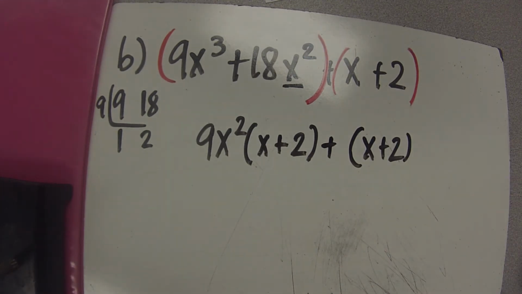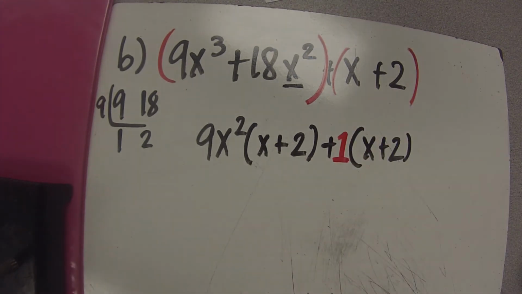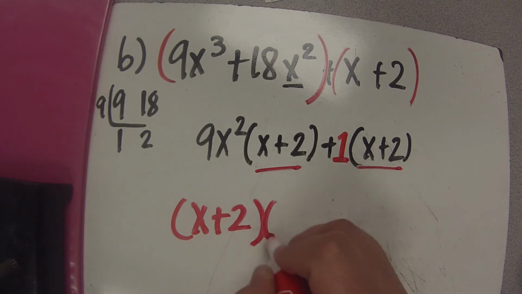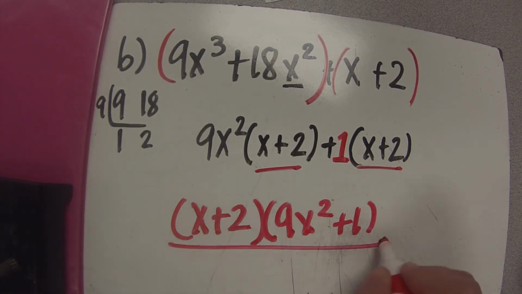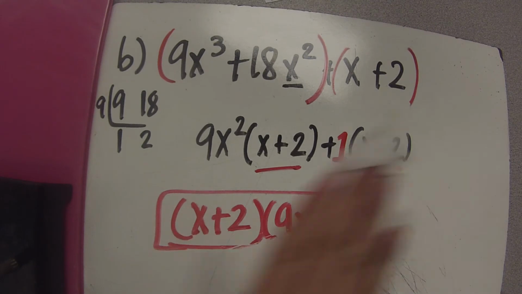Now remember what I said in the last video, there's an understood 1 here. So if I pull out my x plus 2, I'm left with 9x squared plus 1. Okay, if you have to stop, rewind, and look over the videos again, please do so until you get comfortable with this. 2 more examples.